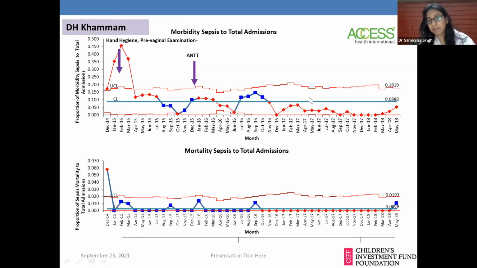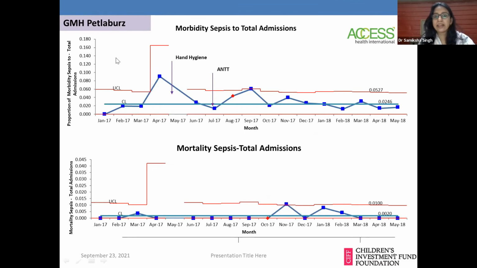Then over a period of time, the last 1.5 years, when everybody was practicing it, both in labor room and SNCUs, you see sustained reduction in admissions due to sepsis. Here is another example of GMH Pitlabush.